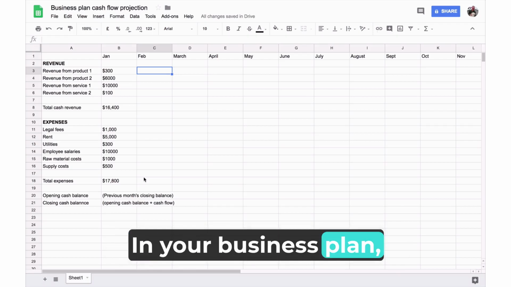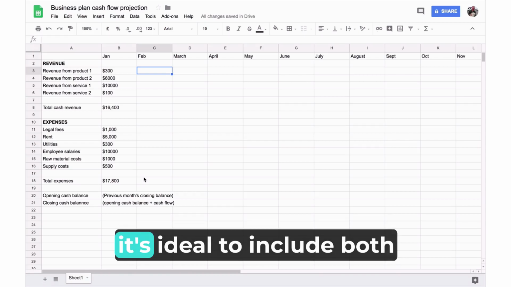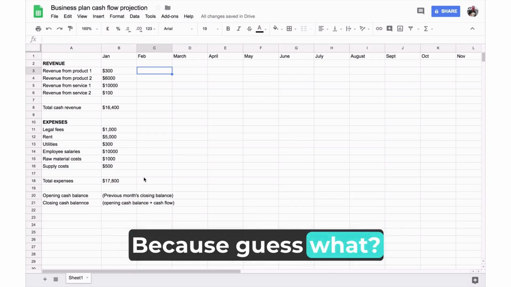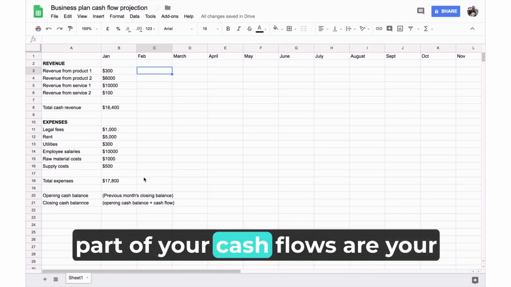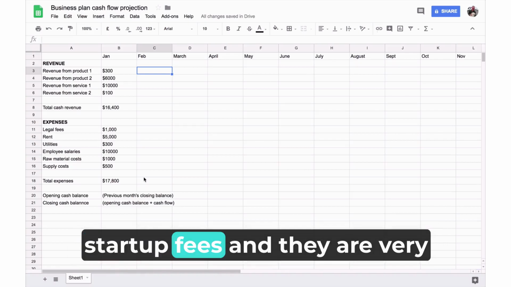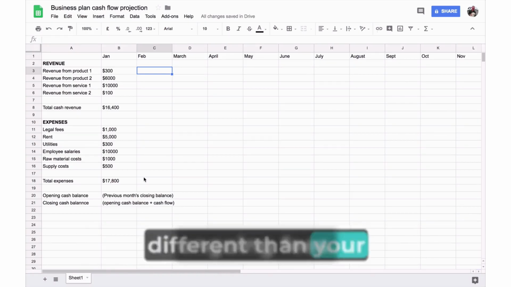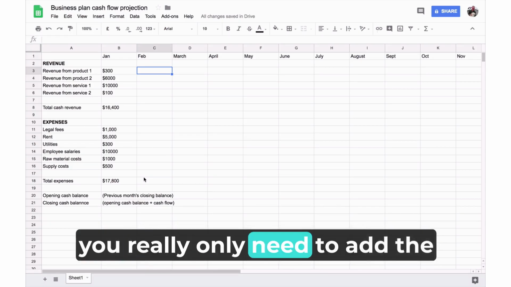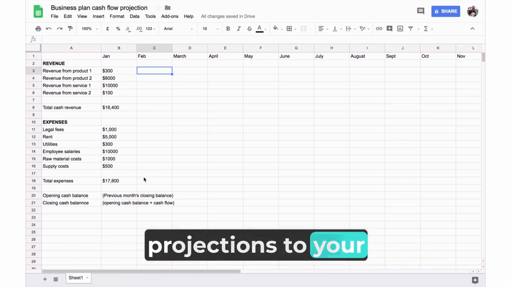In your business plan, it's ideal to include both if you are just starting, because guess what? If you're just starting, part of your cash flows are your startup fees, and they're very different than your ongoing fees. But if your business has been ongoing, you really only need to add the projections to your business plan.